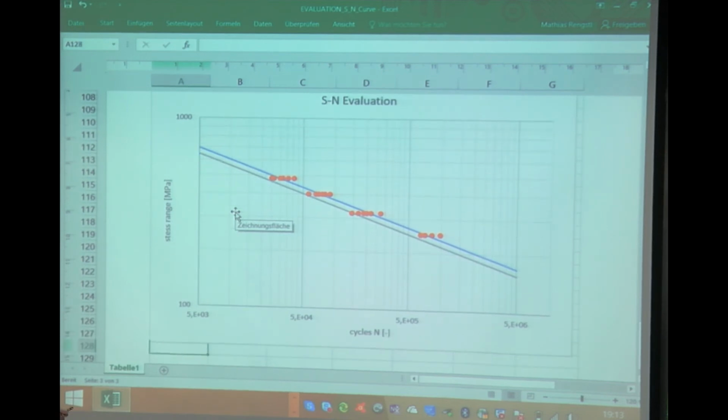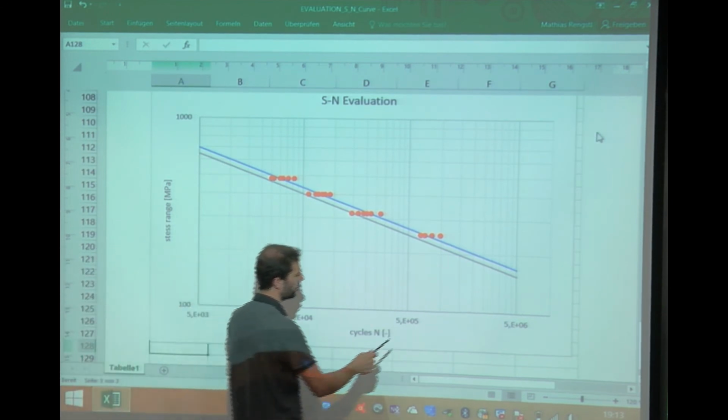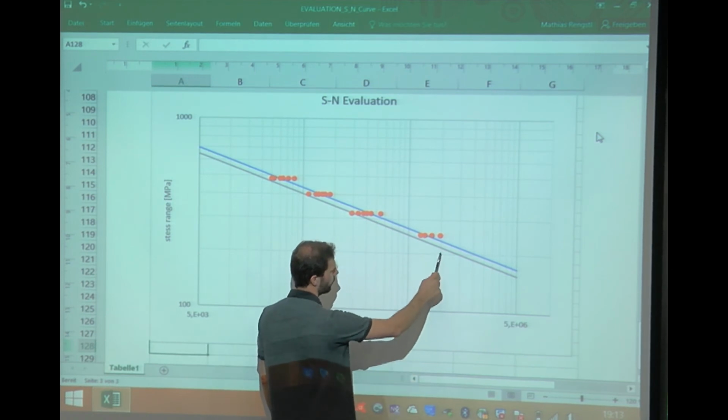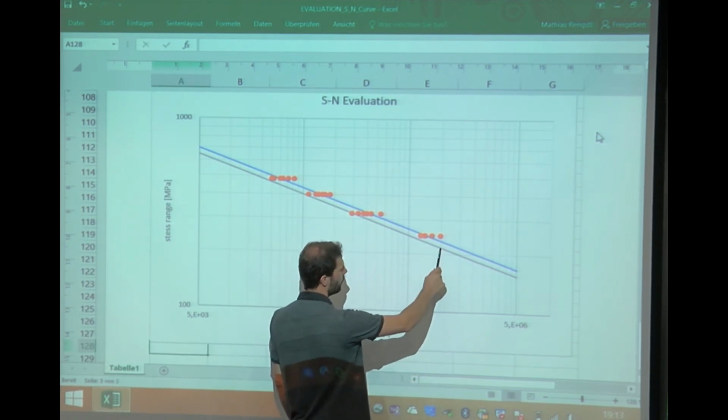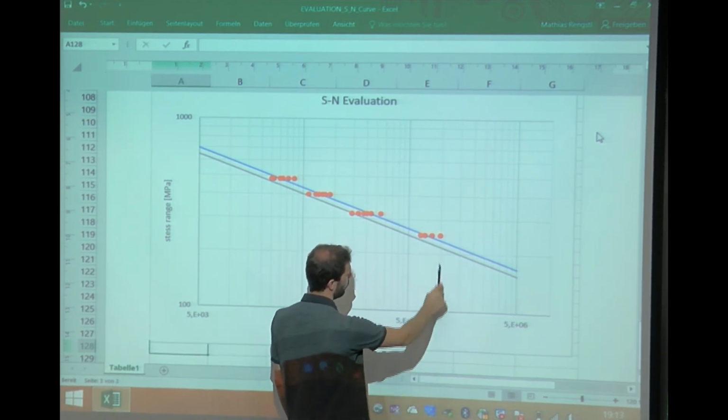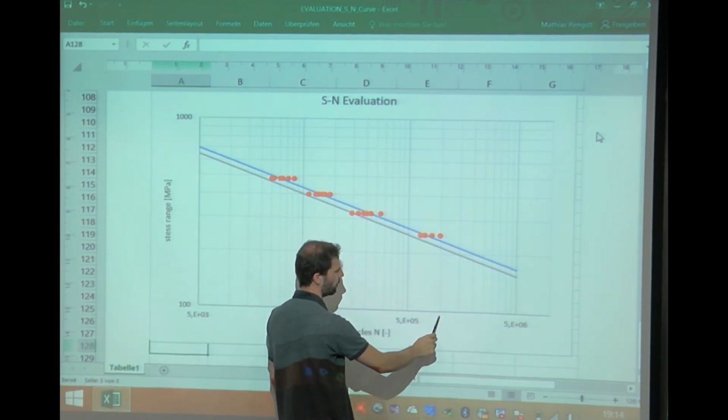And at the end, your notch detail, which you define, for example, is this point. So you have here your 2 times 10 over 6.